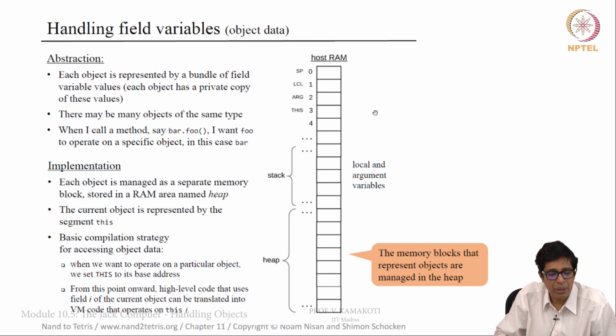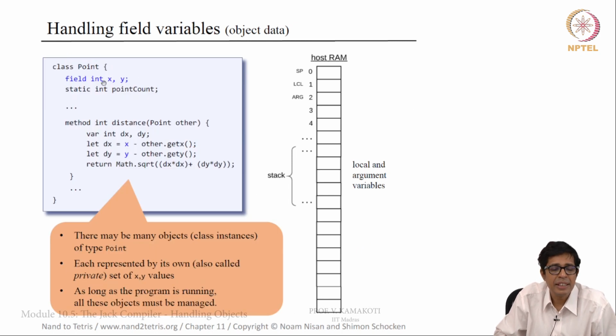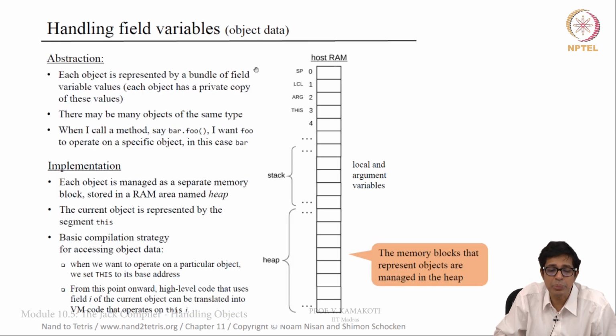Now, this actually stores the base address of that object. So, that is how the field variables will be mapped on to this 0, this 1, this 2, etc. So, in the case of point, x is this 0 and y is stored in the this segment with 1. So, we use the this to basically handle the field variables.